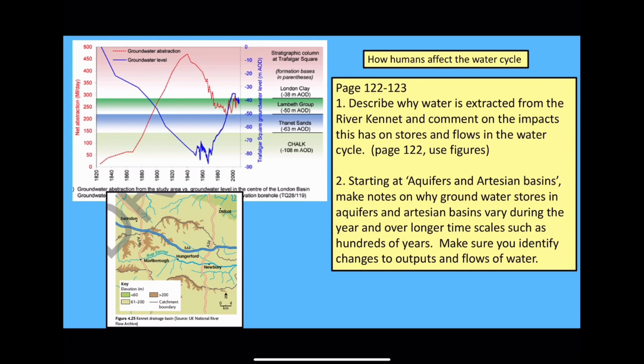By figures I mean actual data, things like percentages and years, which are very useful to have. And then take some notes on the aquifers and artesian basins section on pages 122 and 123, to really help understand what's happening in these diagrams, okay?